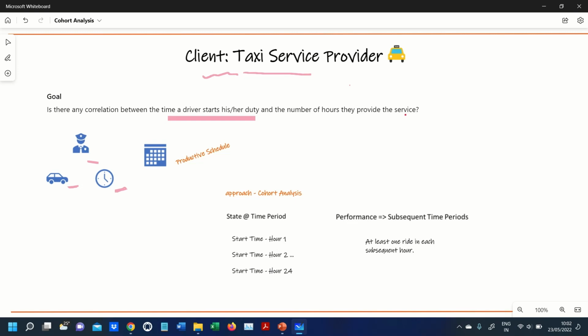So some people will start and work for 10 to 12 or 15 hours a day. Maybe in between they can take some breaks, right? So is there any correlation between the start time, which is provided in the schedule, and the number of hours that they are actually delivering the service?